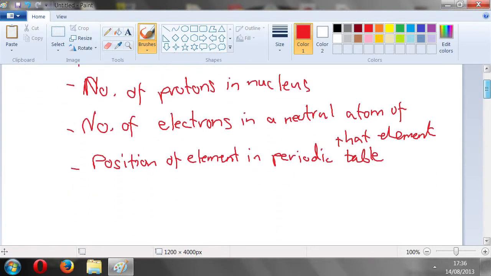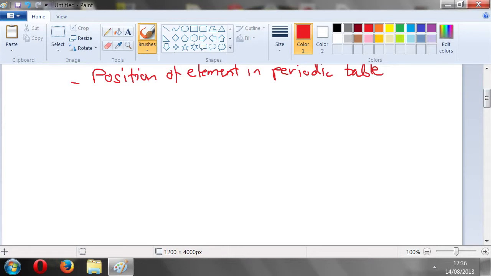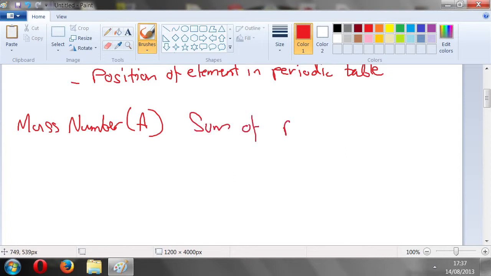Then what else did we speak about? Well, I spoke about the mass number as well, and the mass number is A. It's the sum of protons and neutrons.